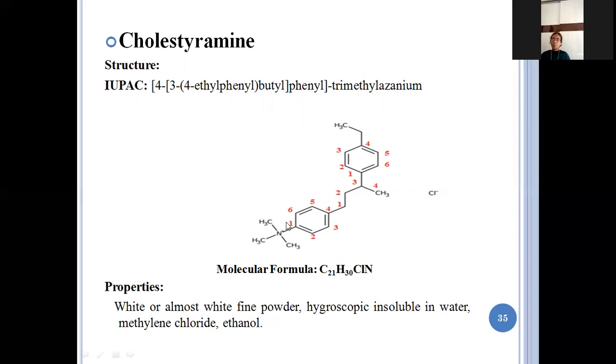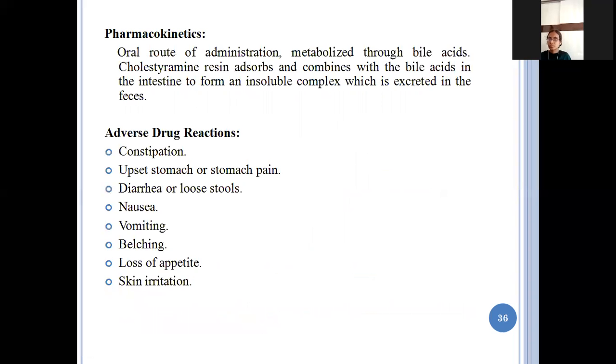And the properties are, it is a white or almost white powder. It is hygroscopic, means if you expose this drug to the atmosphere, it will absorb the moisture from the atmosphere. Insoluble in water, methylene chloride, and ethanol. Next, pharmacokinetics: it is oral route of administration and it is metabolized through the bile acid.